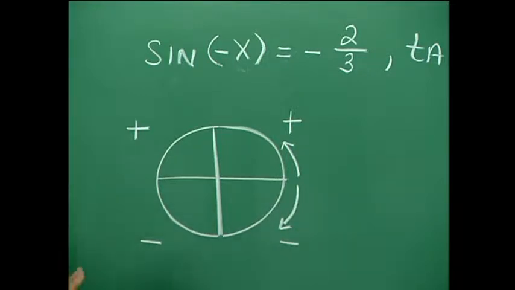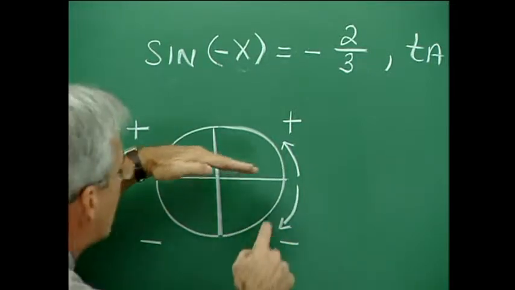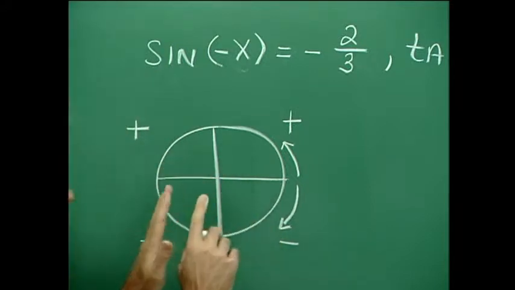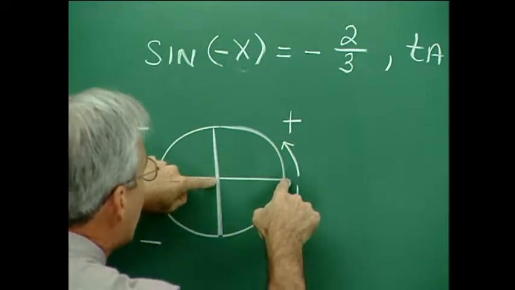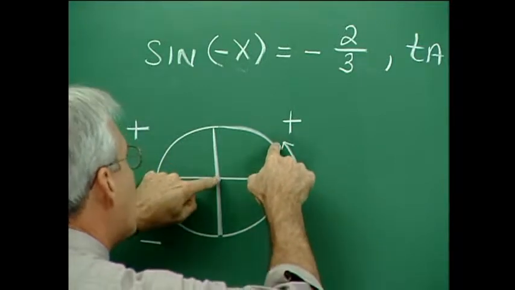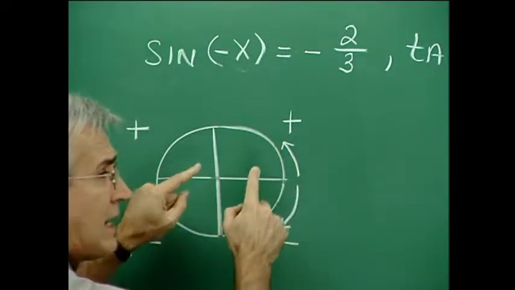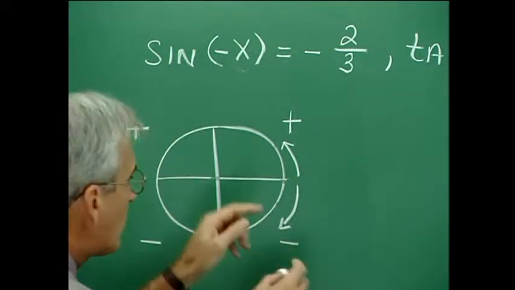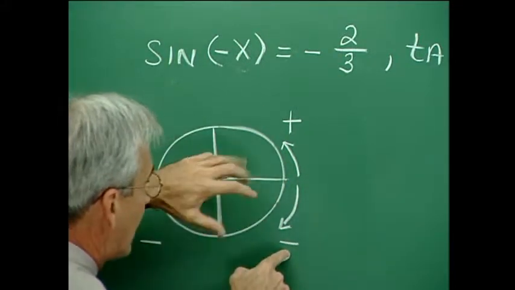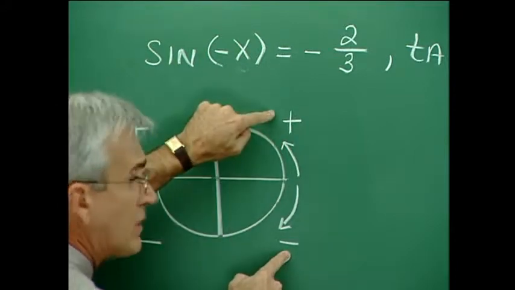Okay, now, with that in mind, if we're thinking about a negative angle of, let's say, 30 degrees. So we have negative 30 degrees, and up here we would have 30 degrees. Well, the numerical part of the answers will be the same, but the signs will be different, because the sine of an angle is negative in this quadrant and positive in this one.